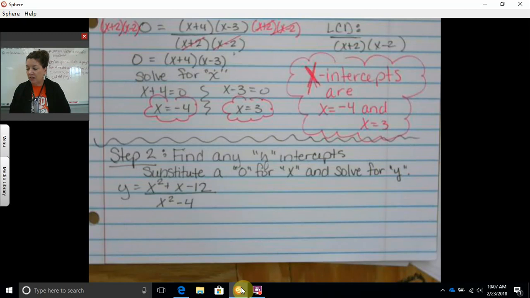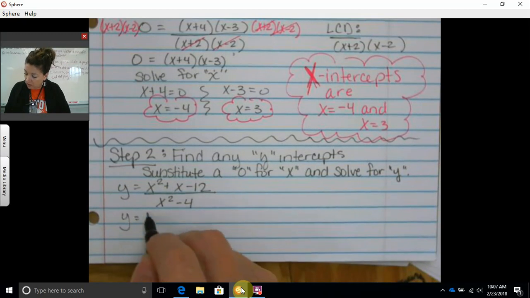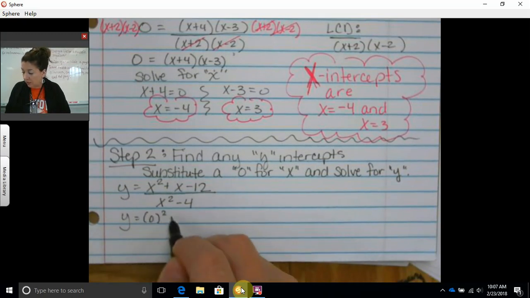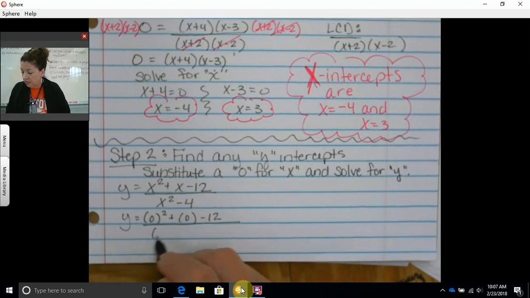Last time when I wanted to find my x-intercept, I substituted a 0 for y. Now I want to find my y-intercept, so everywhere I see an x, I'll substitute in a 0. So y equals 0 squared plus 0 minus 12, quantity divided by 0 squared minus 4.